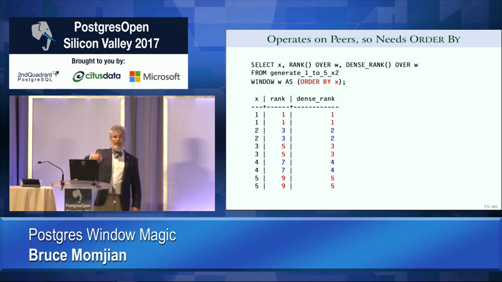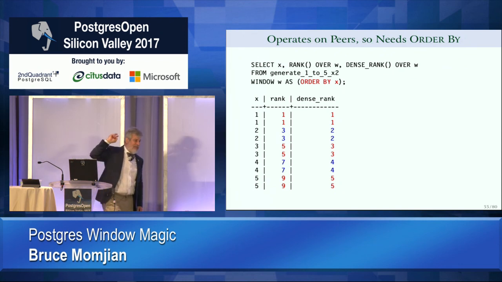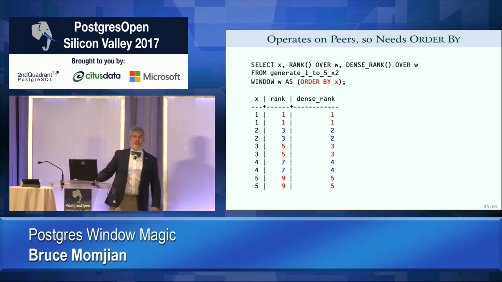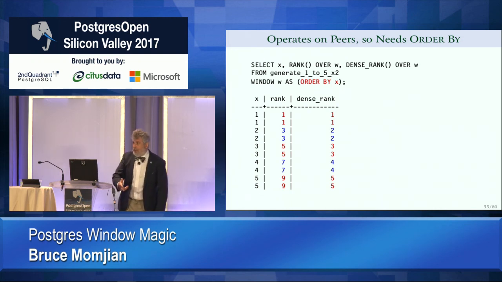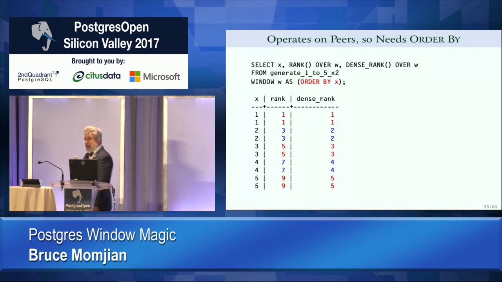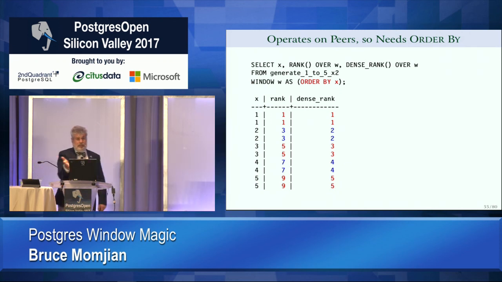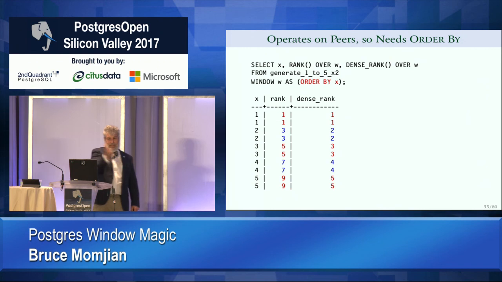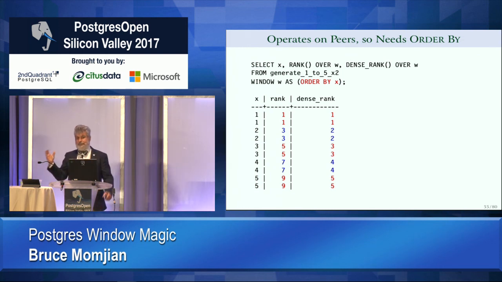Think of a race. If two people cross the finish line at the same time, the next person could be third, or we could use dense rank, which is what the third column does, and it assumes that person is second.